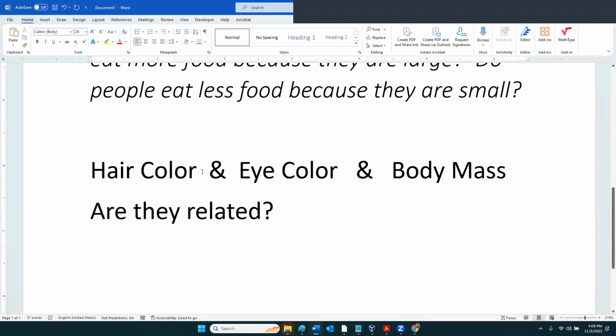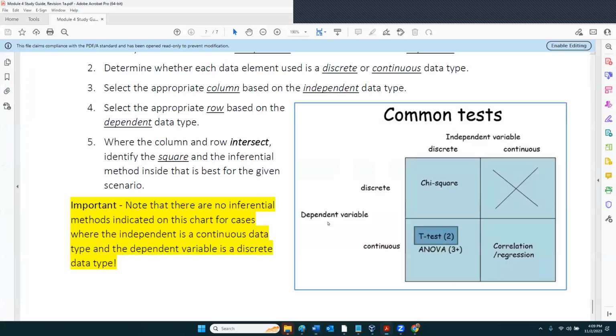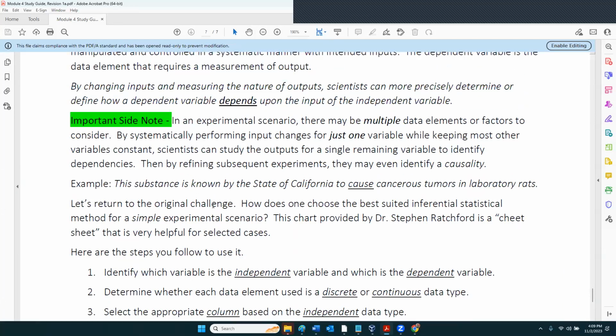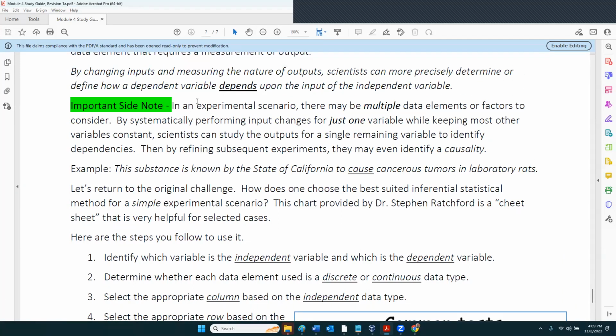As we said earlier, in an experimental scenario, there may be multiple data elements or factors to consider. And if we systematically perform input changes to just one, and we watch what happens to the others, we can find some pretty interesting connections very quickly. The trick is how we organize and structure our experiment.